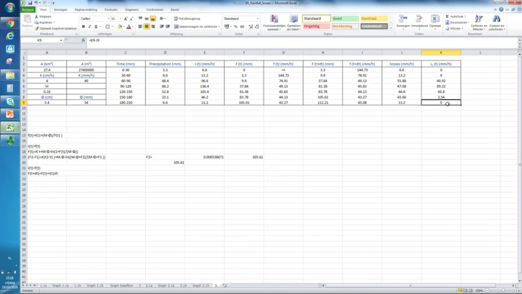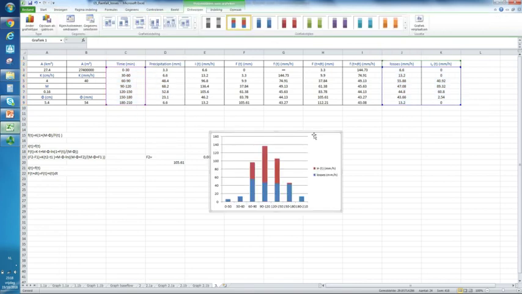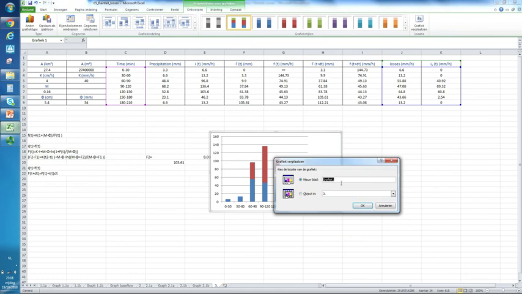As before, we can make a graph out of this one. So let's say we take the time, we take the losses, and we take the net rainfall. We create a bar graph. Let's move this graph 3.